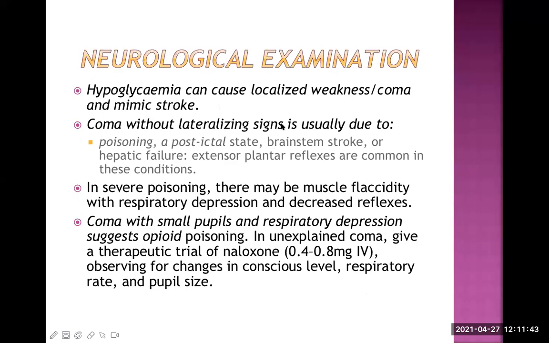Coma without lateralizing sign is usually due to poisoning, a post-ictal state, a brainstem stroke, or hepatic failure. Means coma is there, but there is no focal neurological deficit. This is the meaning of lateralizing sign.